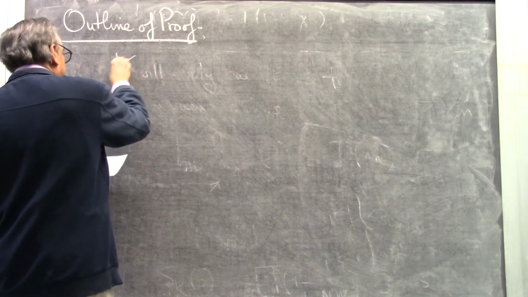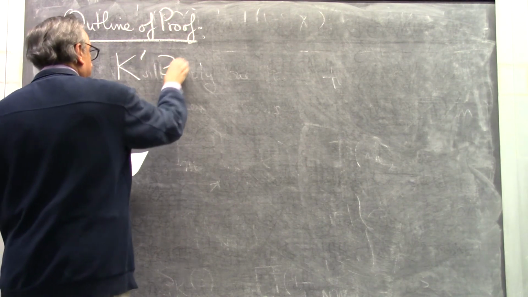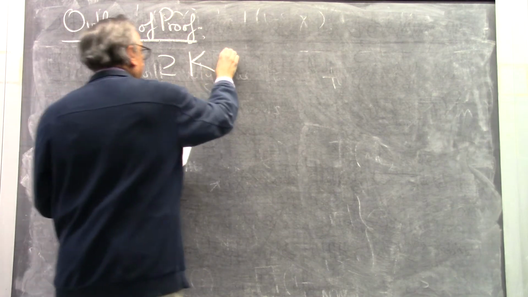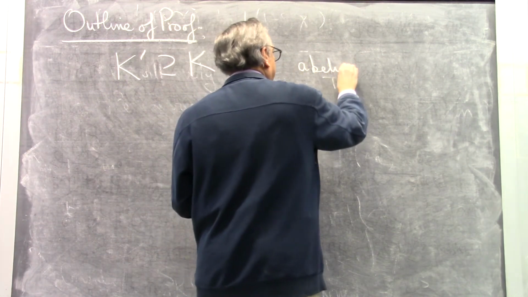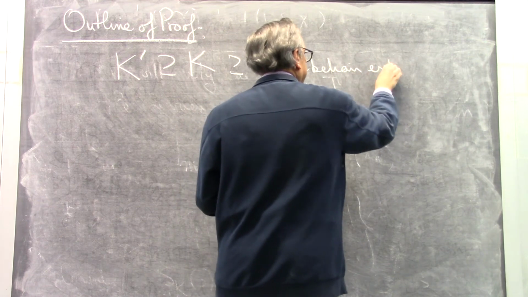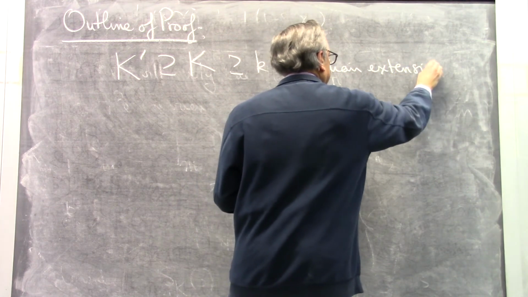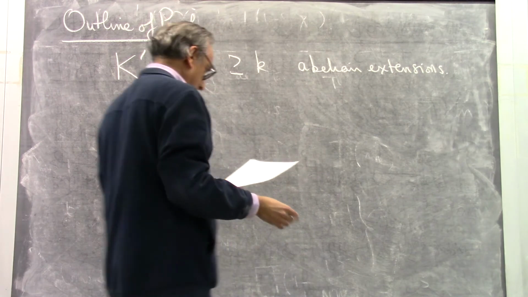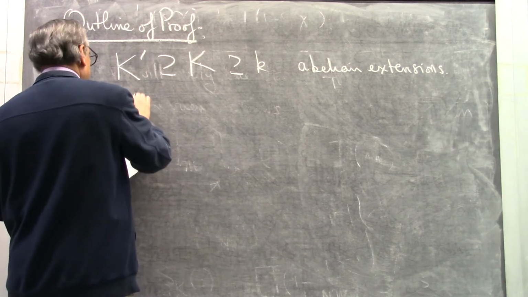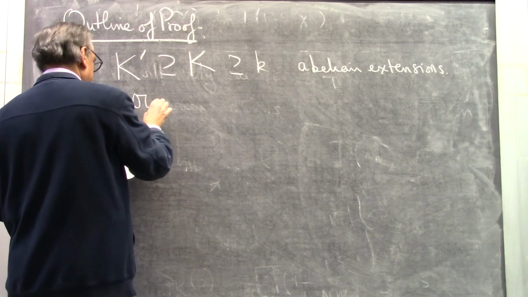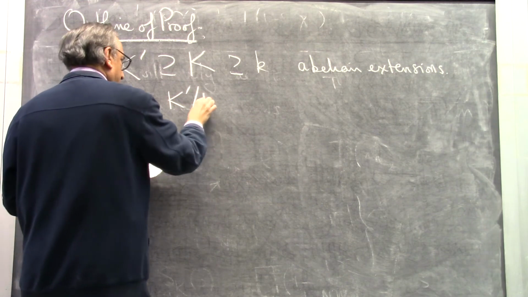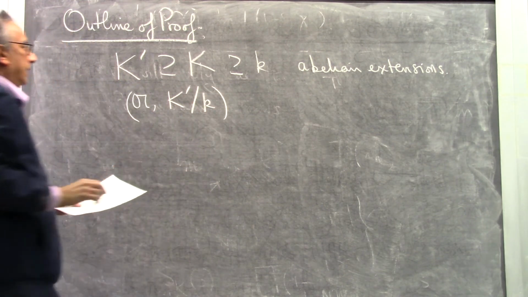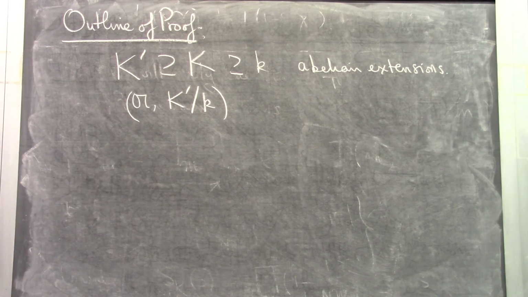So if you have a field K' which contains K, which contains little k, or abelian extensions, then the Artin symbol that I would define for an ideal A of this large extension, keeping in mind the Artin symbol is always an element of the Galois group.